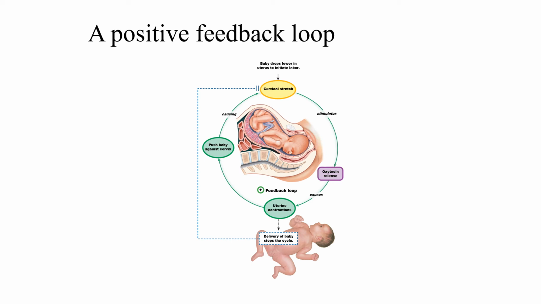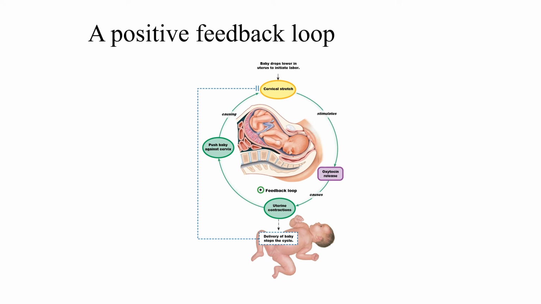The normal range is your uterus is not supposed to contract, and your cervix is not really supposed to stretch that much, or not even at all if you're not having a delivery. And so in this case, your body's trying to do the opposite. Your body's trying to stretch out the cervix more, increase your contractions more, pushing you away from that normal range, basically to help you deliver the baby.